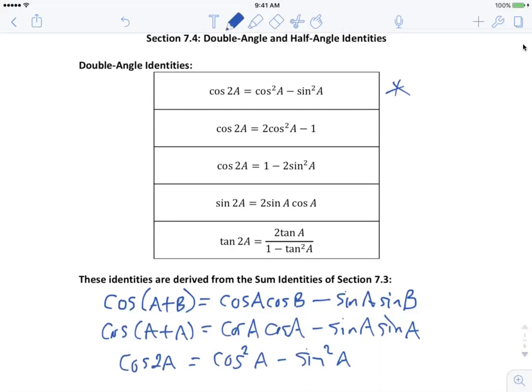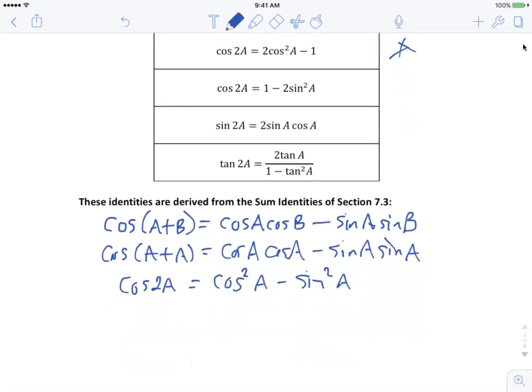The second one down the list is then you can replace sine squared with 1 minus cosine squared, right? So in other words, right here, we keep on going. Instead of sine squared, the Pythagorean identity, a version of that, is 1 minus cosine squared, right? And then just simplify that.